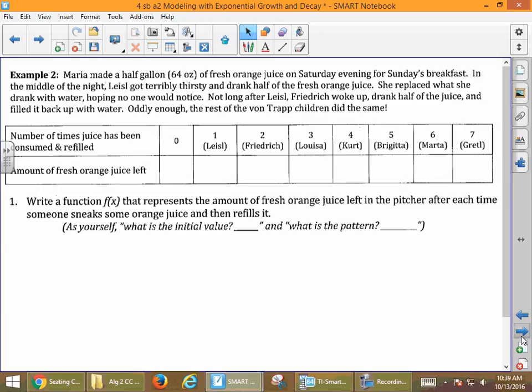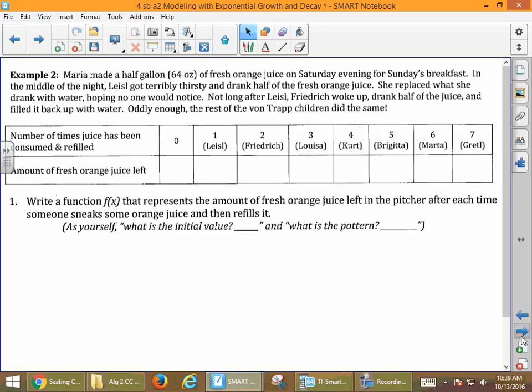But Maria made a half a gallon of fresh orange juice on Saturday evening for Sunday's breakfast. In the middle of the night, Liesel got terribly thirsty and she drank half the fresh orange juice. She didn't want anybody to know, so she filled the jug back up with water. And then Friedrich got up and he did the same thing.